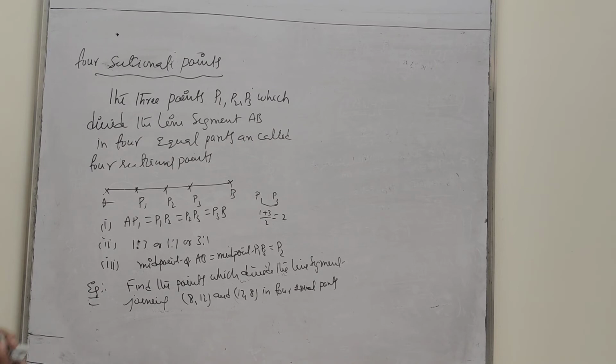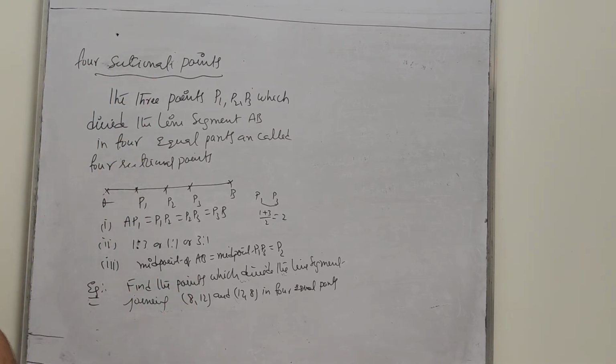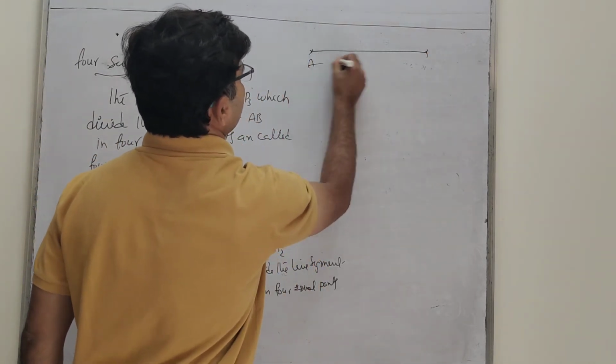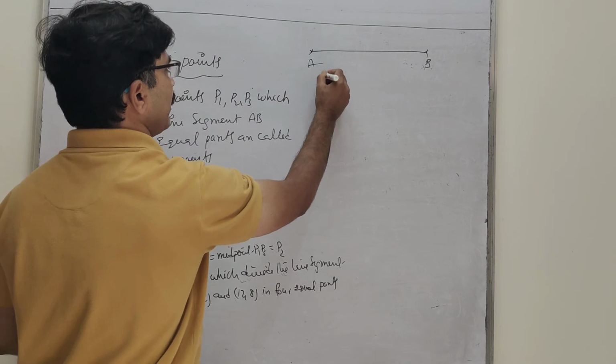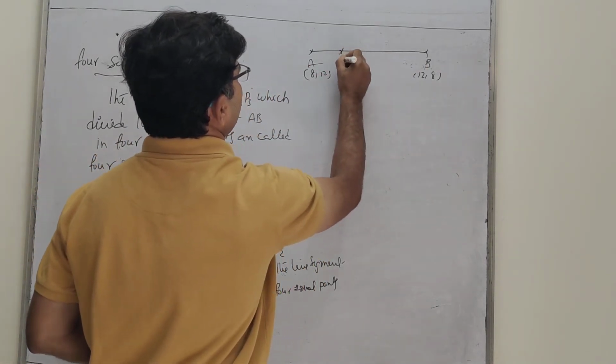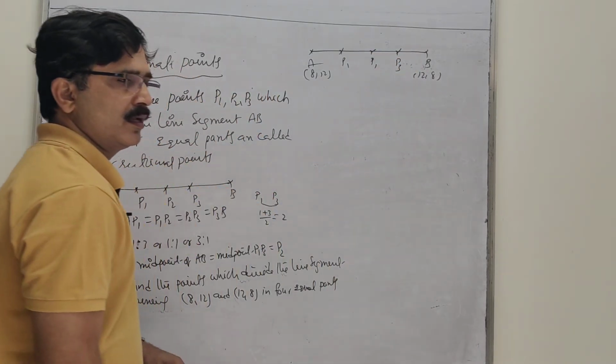That means he didn't say four sectional points, he said four equal parts. The sense is the same. This is AB, right? A is (8, 12) and B is (12, 8). Here I am taking P1, P2 and P3.